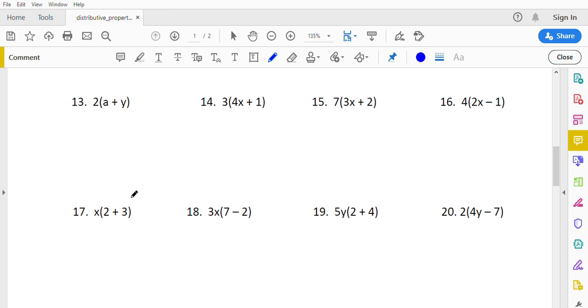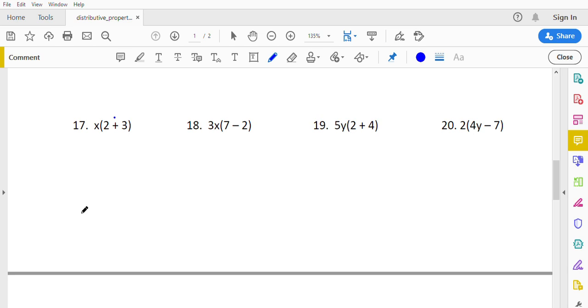Now this one, you don't actually have to distribute. Well, again, we got so caught up with some x's and some y's and some things that are like terms and things that are unlike terms. It's sometimes easy to forget some of the more basic things. 2 plus 3, something everybody can do, is 5. Again, remember your order of operations.